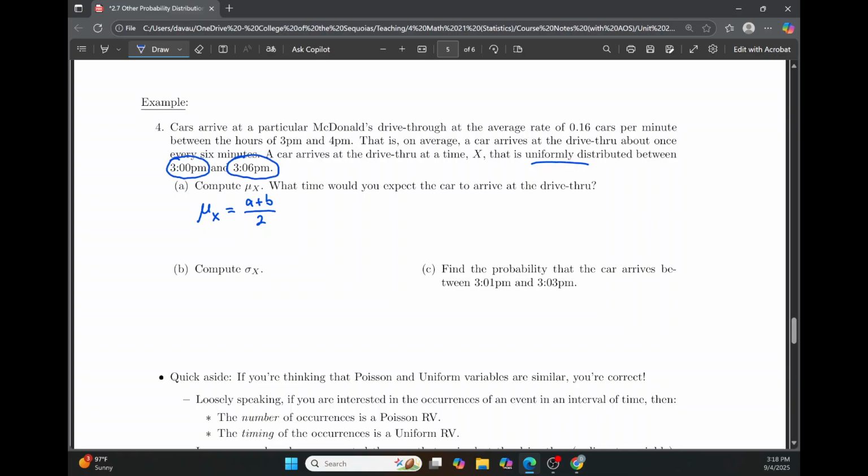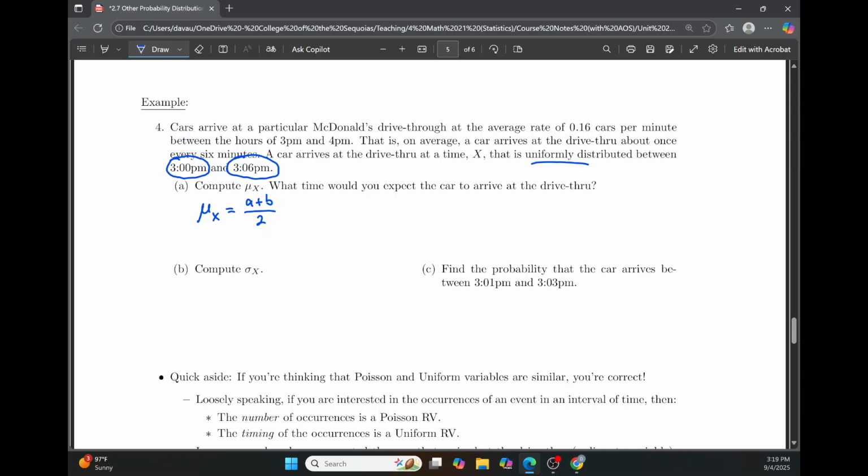You could use military time and say that A is 1500 and B is 15:06, or whatever. Or you could just start your timer at 3 o'clock and say the timer starts at 0. Then at 3:06, the timer would be at 6.